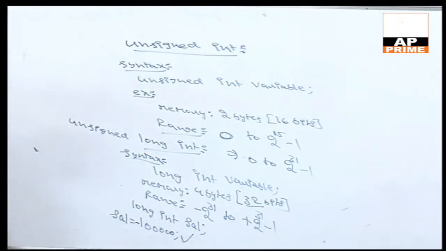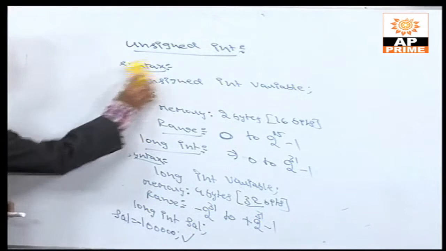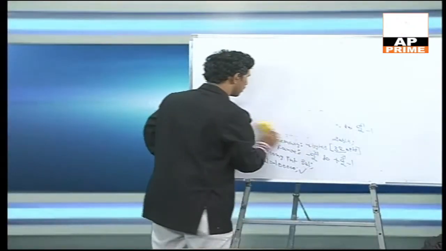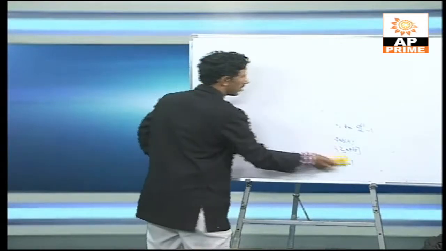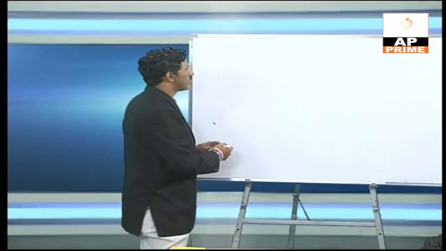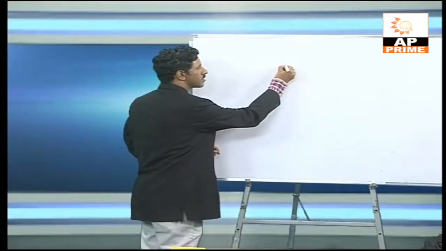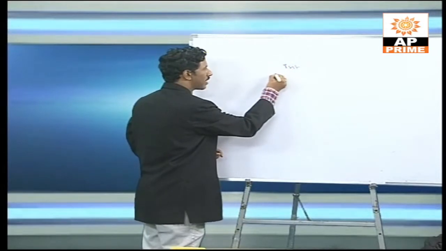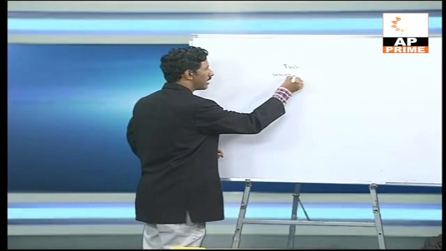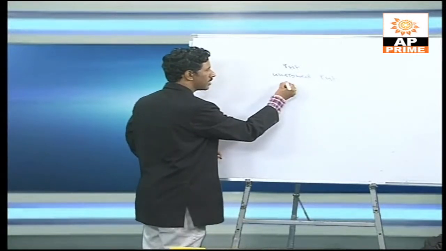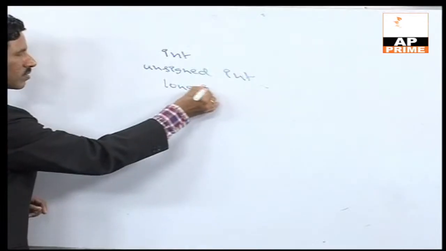Now see, finally under integer what are the types there? Whatever data types I discussed under integer, only these types you have. What are the types of integers I discussed? First one is int. Second one is unsigned int. Third one is long int.